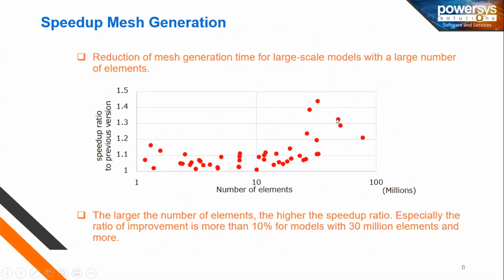And regarding mesh generation, version 21 performs better when compared to the previous versions. It is also clearly shown in the graph that when the number of elements is above 30 million, the speed-up ratio for mesh generation is very high when compared to the existing versions.